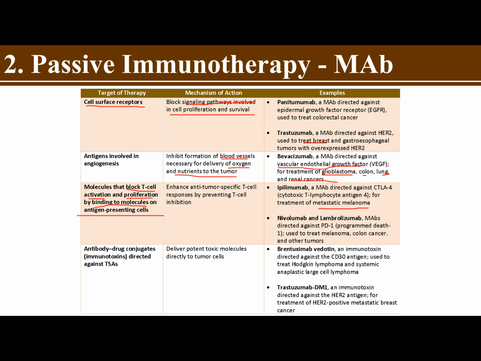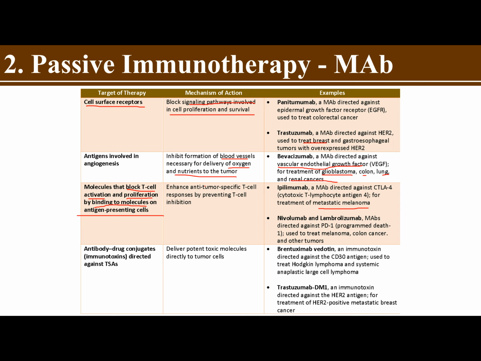And then we also have your brentuximab vedotin, an immunotoxin directed against the CD30 antigen, used to treat Hodgkin lymphoma and systemic anaplastic large cell lymphoma. Then we also have your trastuzumab DM1, an immunotoxin directed against the HER2 antigen for treatment of HER2 positive metastatic breast cancer.